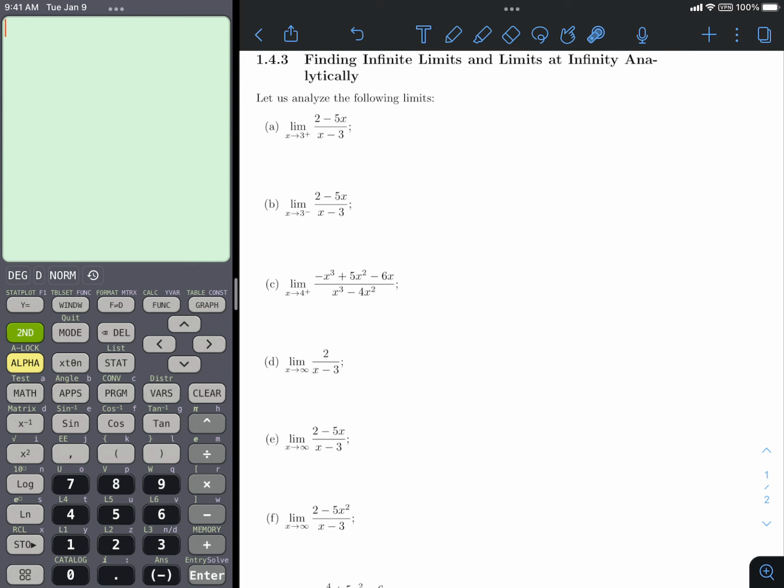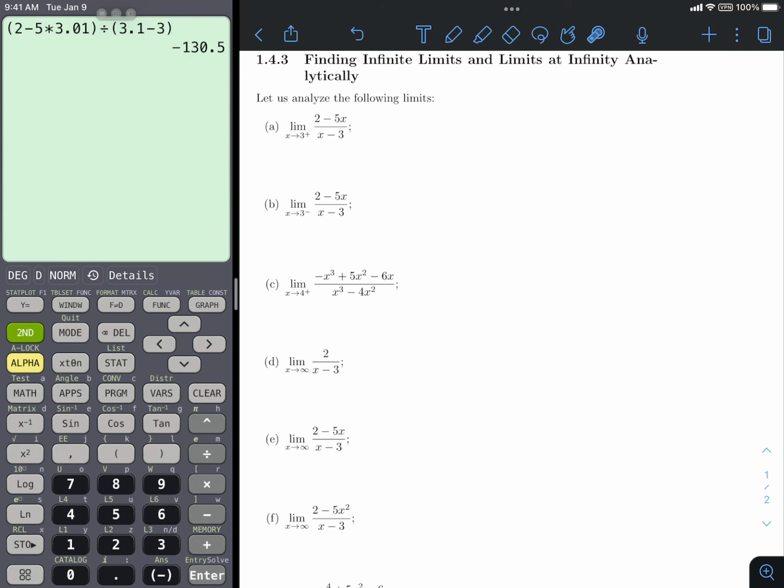So if we wanted to plug some values in, we could do 2 minus 5. So x needs to be bigger than 3, so like 3.1 works, divided by 3.1 minus 3. So we would get something like this. Now if we maybe used 3.01 instead, that would also work.